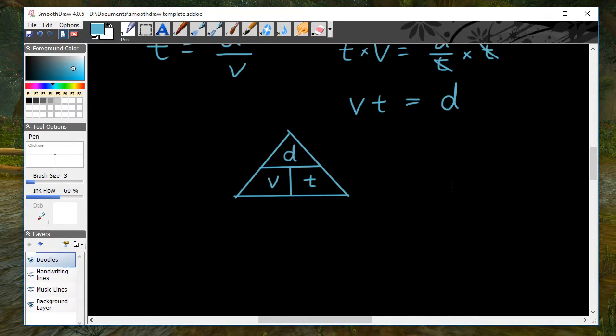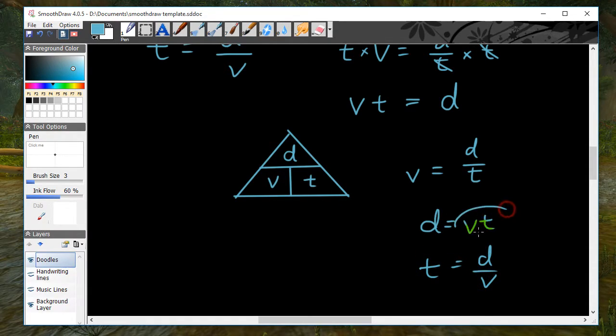When you want to generate equations out of this triangle, you can simply look visually. Velocity is equal to distance, which is above, over time. If you want to know what distance equals, looking at it visually, it's velocity times time. So d equals vt. And if you want to know what the time is, it's d divided by v.